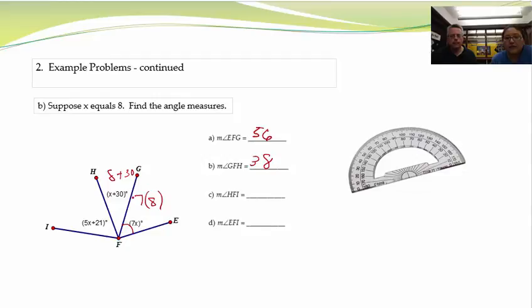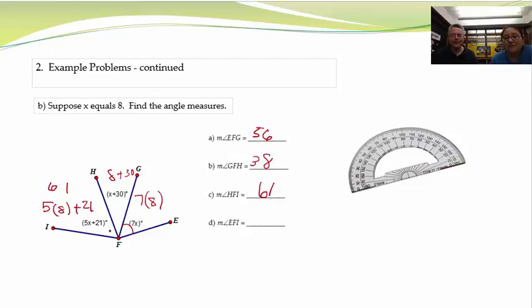Then HFI would be 5 times 8 and then add 21. I think you get 61. Thank you, Mr. Miller. 61.